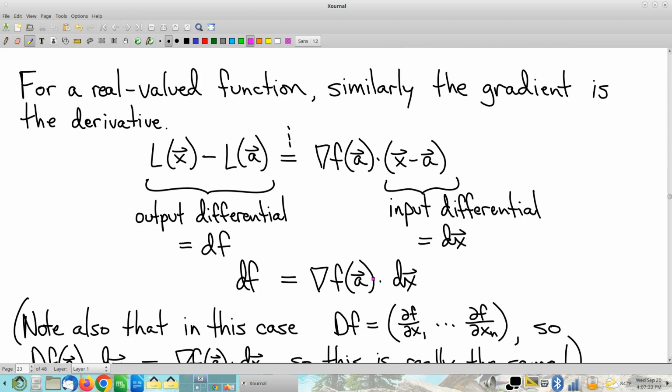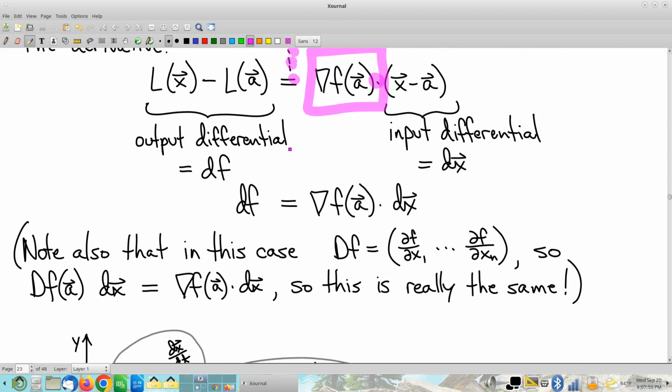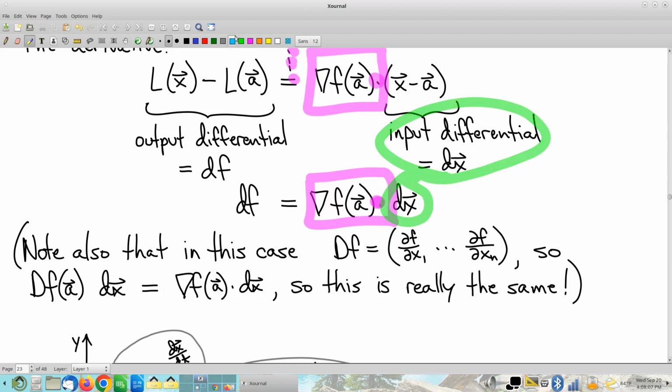Real quick, recall that in the case of real valued functions, the very first linear approximation that we wrote down for multivariable was the gradient, not the derivative matrix. You can take all of the argument that we just made and go through it again. It's all kind of the same, and you get to the conclusion that the dot product with the gradient is the thing that turns input changes into output changes.